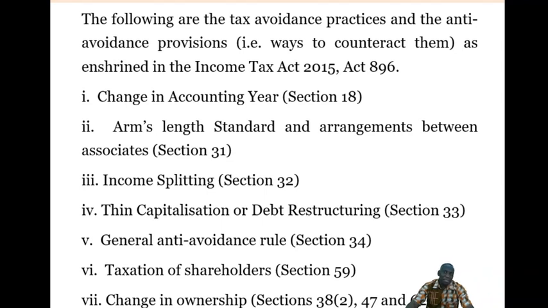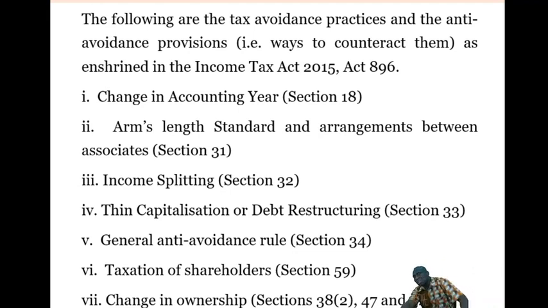Income splitting, section 32. Thin capitalization or debt restructuring, section 33. General anti-avoidance rule, section 34. Taxation of shareholders, section 59. Change in ownership, this came last two sittings, section 38 subsection 2, section 47, and section 62 talk about change in ownership.